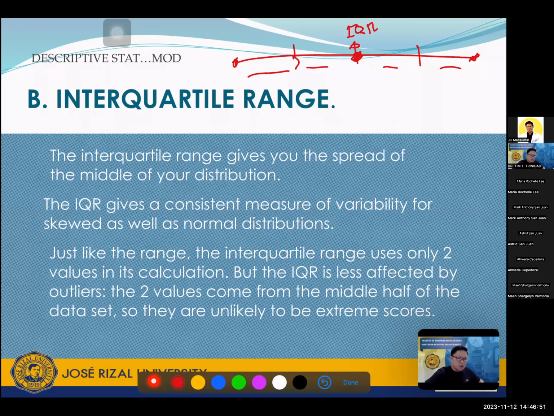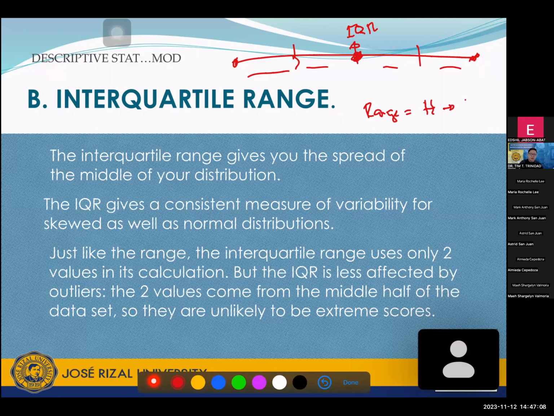Just like the range, the interquartile range uses only 2 values in its calculation. What are the 2 values that you use in your calculation for the range? The highest value and the lowest value.